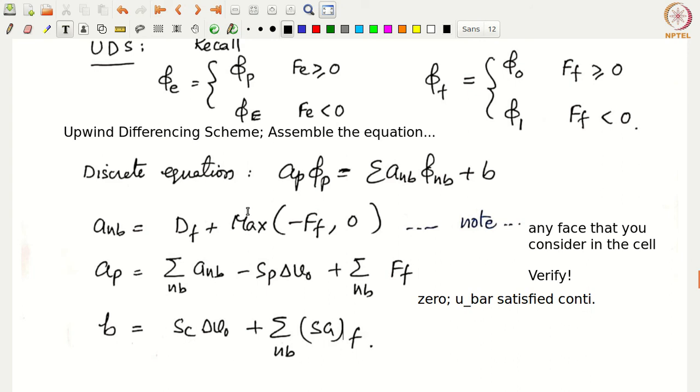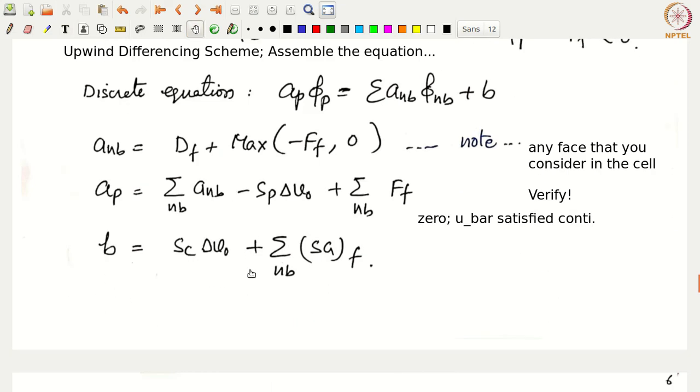So that is a very compact and nice equation. Essentially we have discretized the convection diffusion using the upwind difference scheme on unstructured non-orthogonal meshes. That is very similar to the structured mesh case.